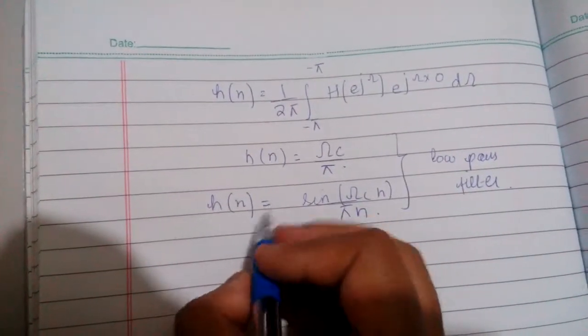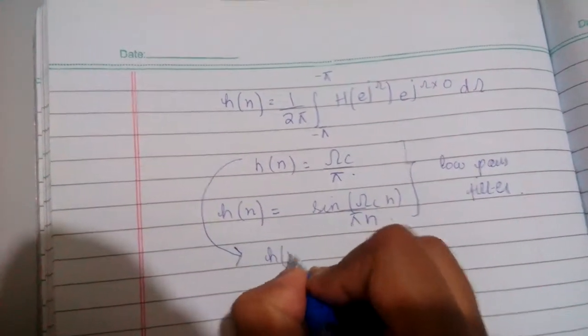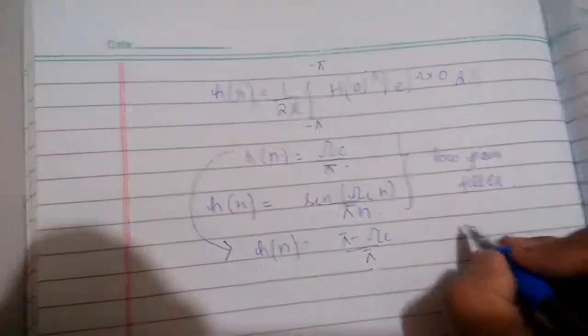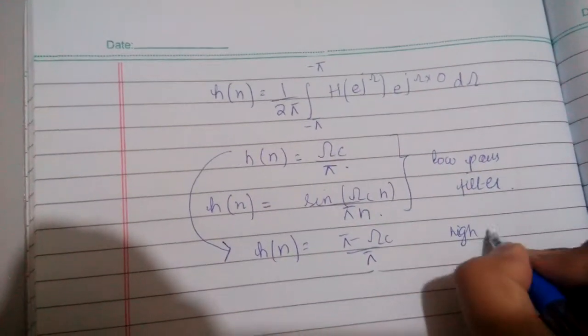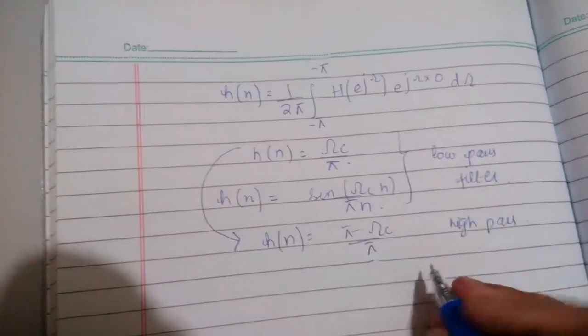For the high pass filter, the only change is h of 0 is equal to pi minus sigma c over pi. It is the same for n not equal to 0 with the sign changed for the high pass filter.